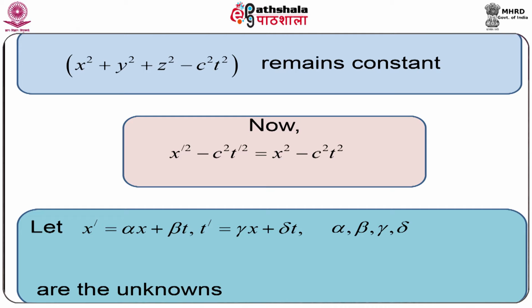We have already proved that y' equal to y and z' equal to z. Substituting these two, we get this relation, that is x' square minus c square t' square equal to x square minus c square t square.